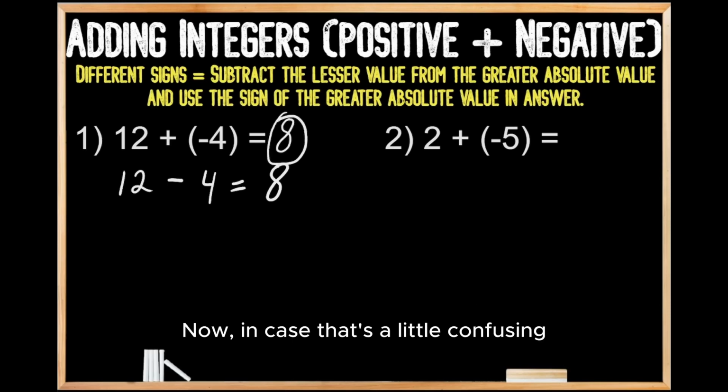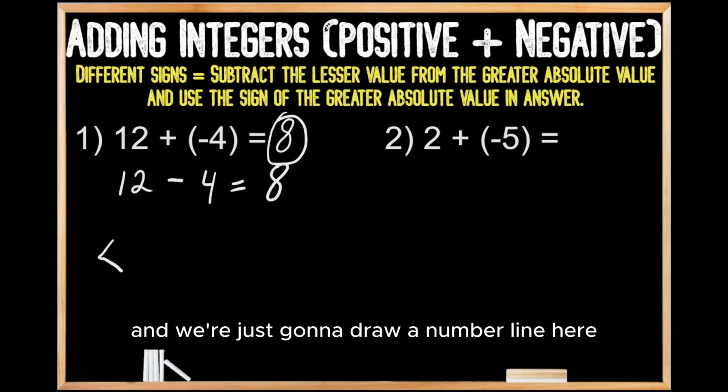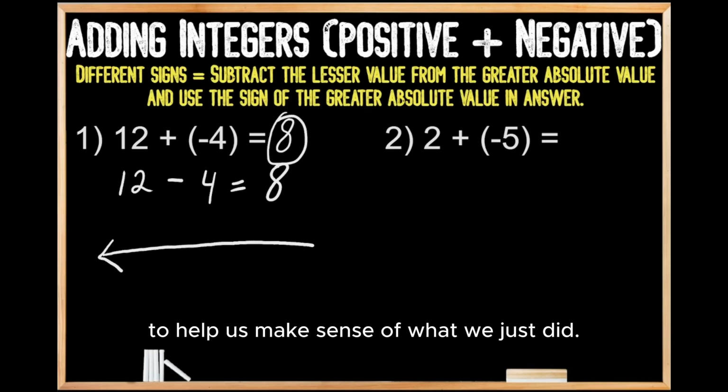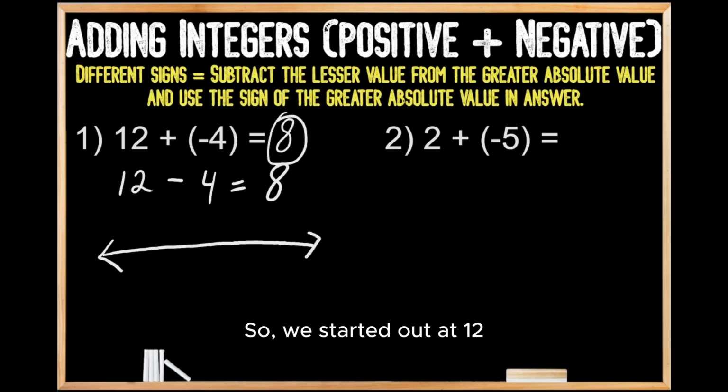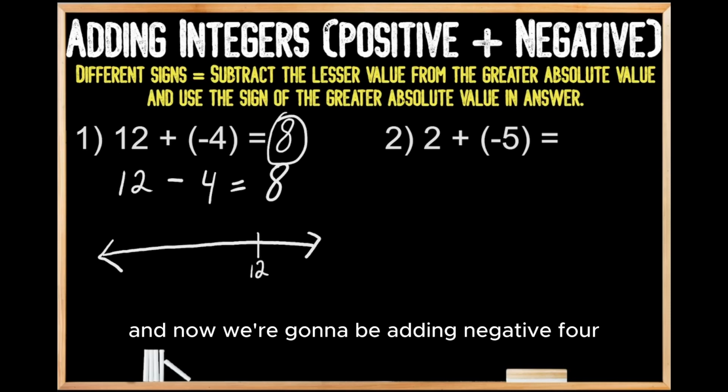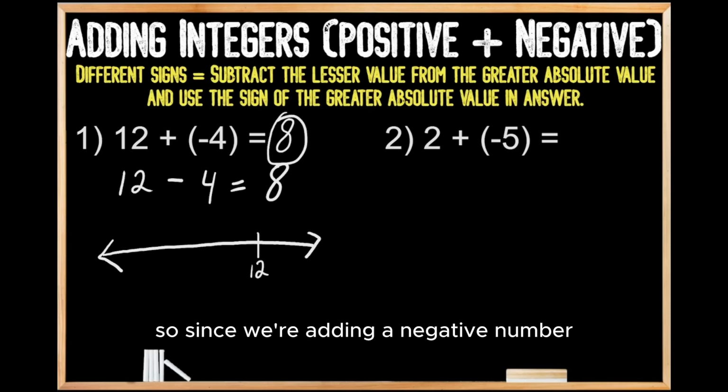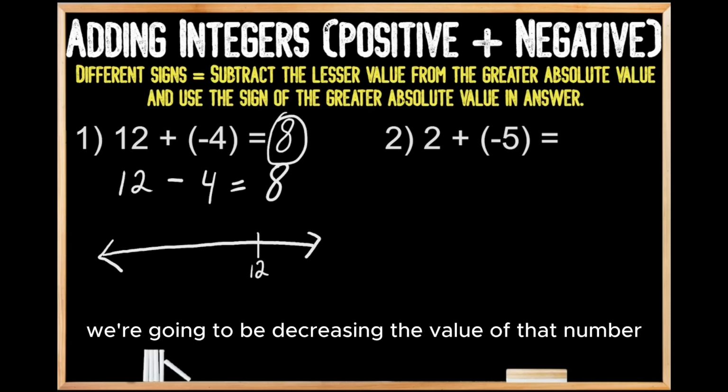Now, in case that's a little confusing, let's just show a different way of how we got to this answer. We're going to go ahead and draw a number line here to help us make sense of what we just did. So we started out at 12, so our starting point here was 12. And now we're going to be adding negative 4. So since we're adding a negative number, we're going to be decreasing the value of that number.